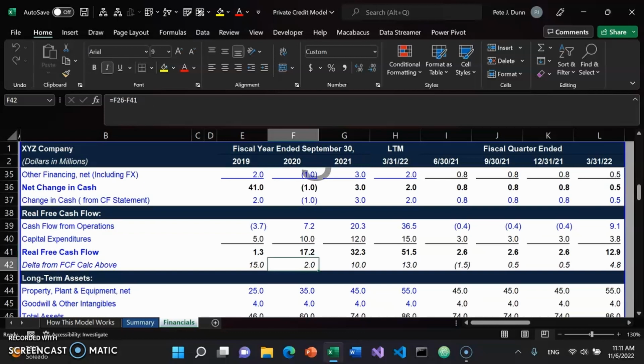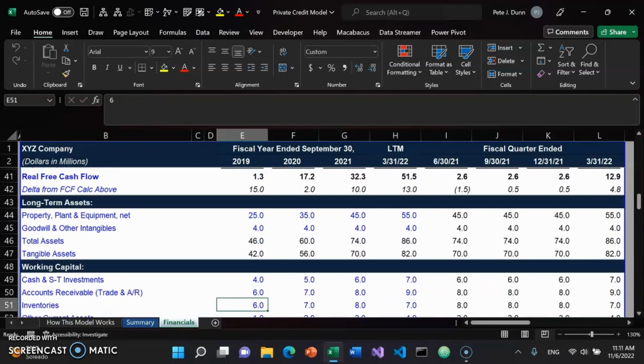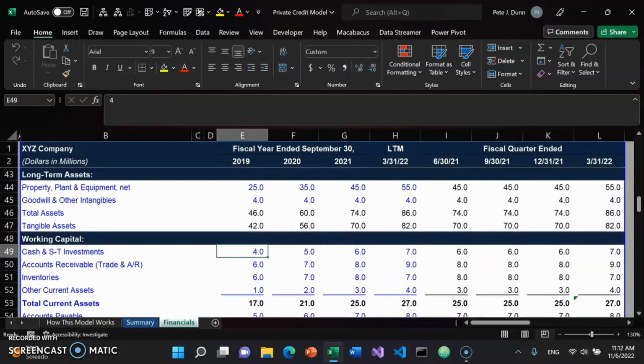And so there's different ways to calculate cash flow, and it's good to keep those in mind to see how much cash is actually flowing in or out of the company.